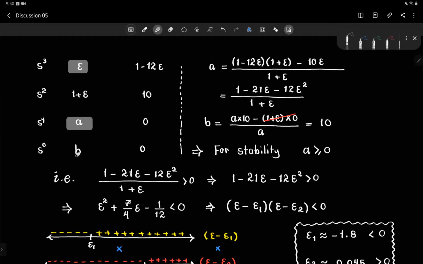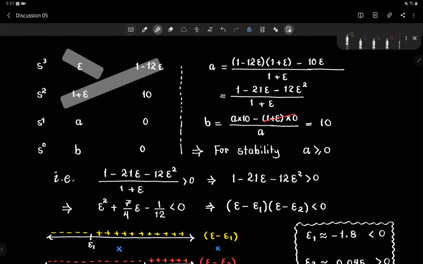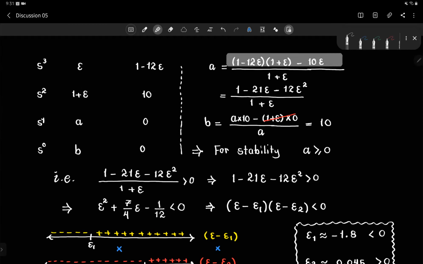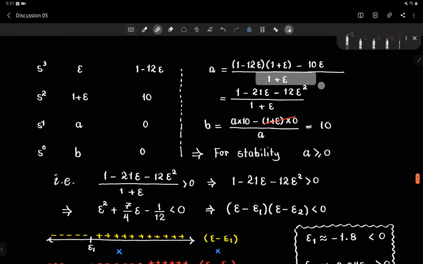We compute A and B. So A is equal to (1 plus epsilon) times (1 minus 12 epsilon) minus 10 epsilon, divided by 1 plus epsilon, which is this here. When we carry out the multiplication, we will get a quadratic polynomial in epsilon in the numerator, and we will get 1 plus epsilon in the denominator.